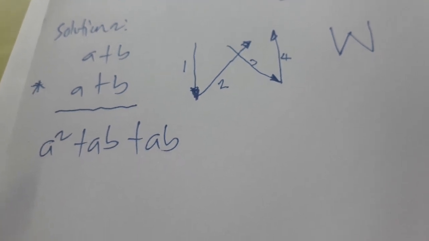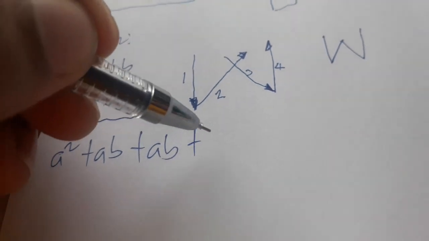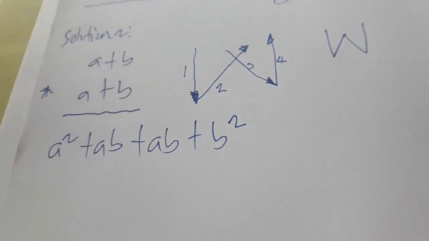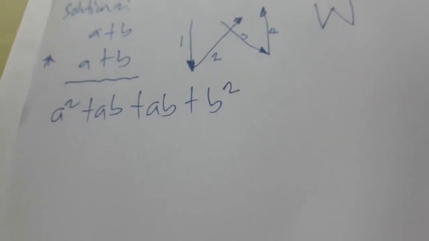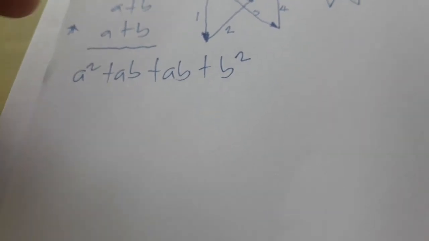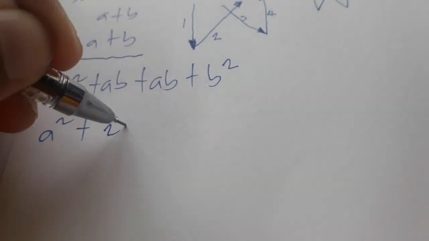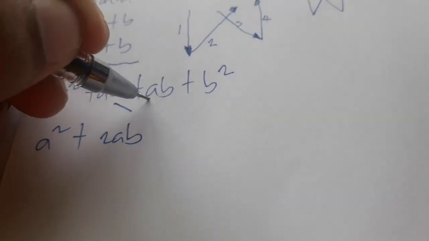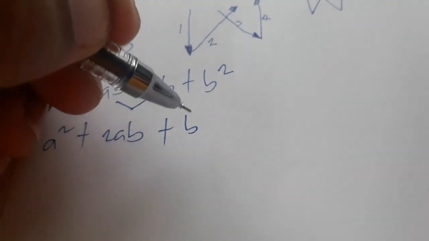And the last stroke is b times b, or b squared. Again, we have 4 terms. Simply, we can simplify it as a squared plus 2ab, if we combine this ab plus ab, and the last is b squared.